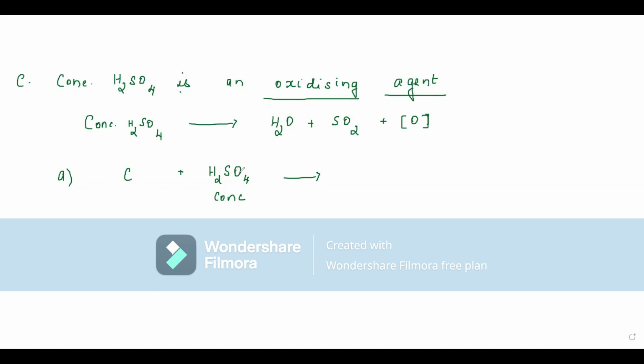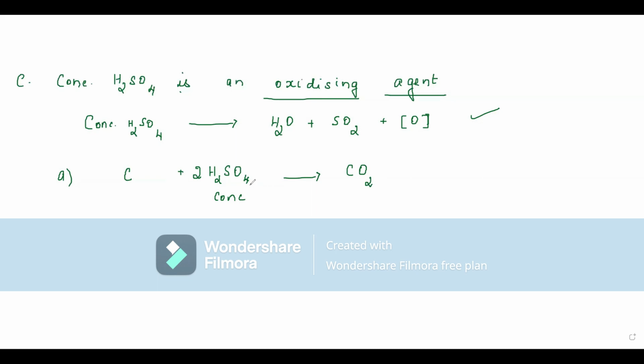Now, when carbon combines with concentrated sulfuric acid, look at this equation. Sulfuric acid must release nascent oxygen. Those nascent oxygens combine with carbon to give you CO2. That means you need 2 atoms of oxygen, which in turn tells us that we must take 2 molecules of concentrated sulfuric acid.